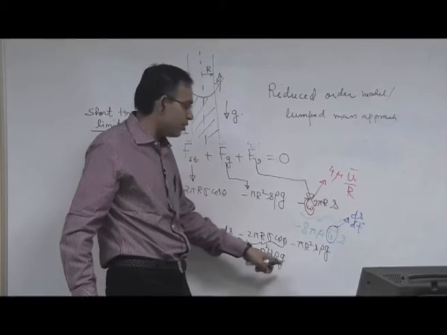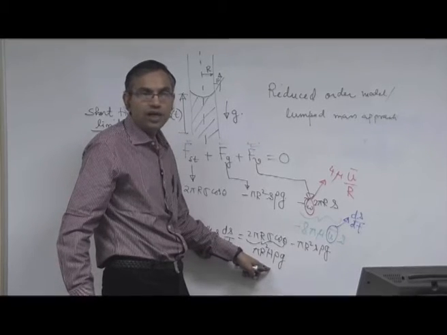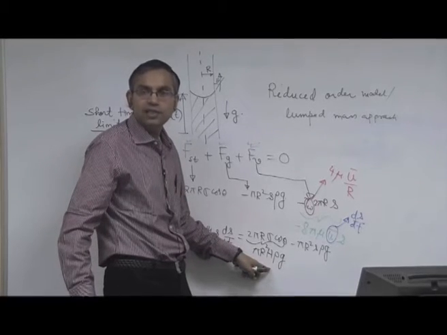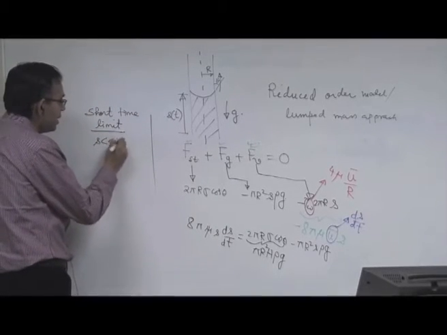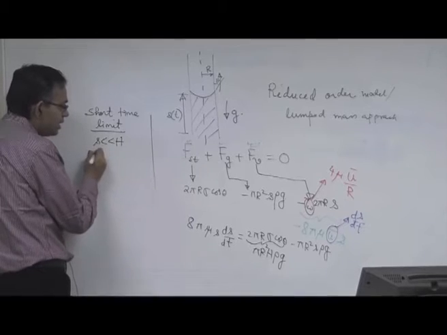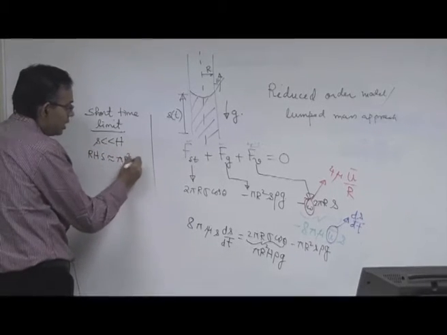In short time, how can we simplify this? In short time, s is much less than H. So, short time means s is much less than H. So, the right hand side is approximately pi r square H rho g.